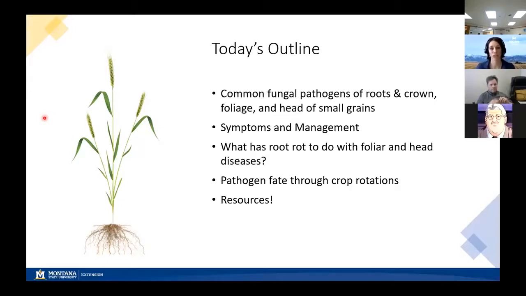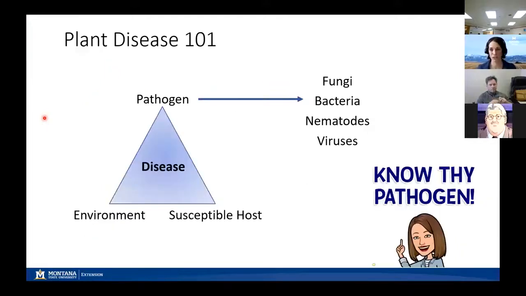I also want to give some food for thought as to what a pathogen does once one crop is harvested and another one goes in the field. Where does the pathogen go? So we start thinking about pathogen movement or persistence throughout several crop rotation sequences. And of course, I wanted to make sure that I can supply you with many helpful resources where you can find more information or just recall the information that you may have missed today.